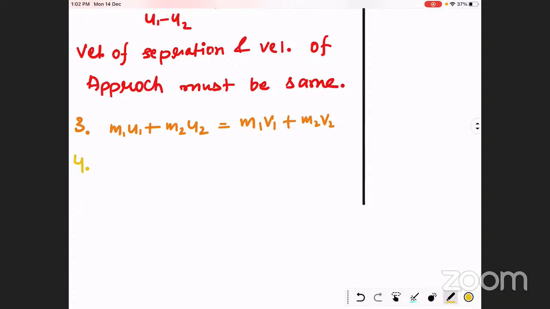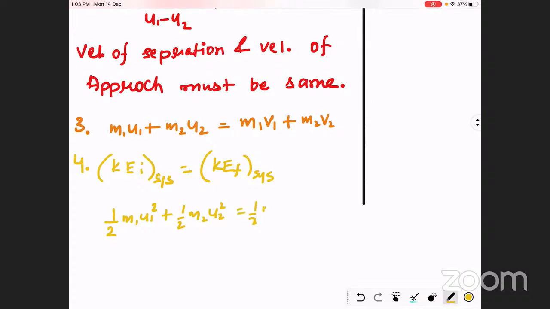Could you understand that? So initial kinetic energy of the system should be equal to final kinetic energy of the system. So I can write 1 by 2 m1 u1 square plus 1 by 2 m2 u2 square must be equal to 1 by 2 m1 v1 square plus 1 by 2 m2 v2 square.